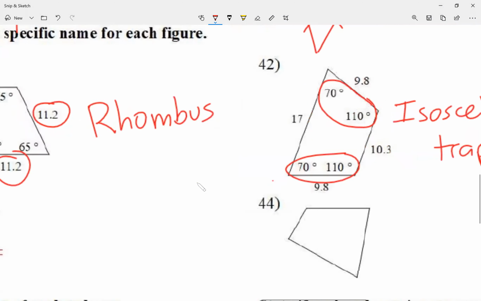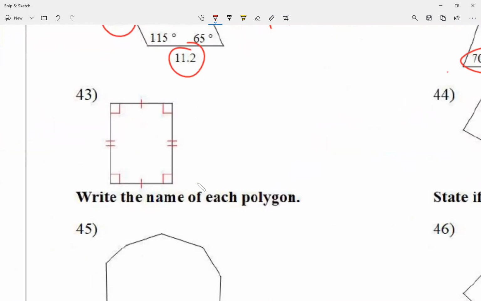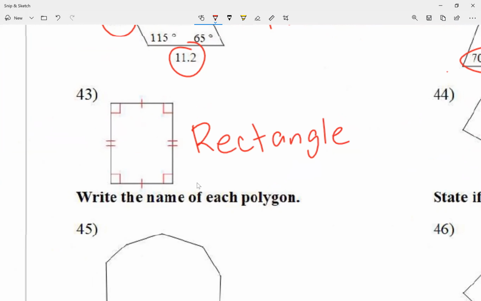So that could be given numbers, but let's take a look at given just marks. I notice all the angles are 90 degrees, but not all the sides. Therefore, I'm just going to call this a rectangle. Right, this is a rectangle.